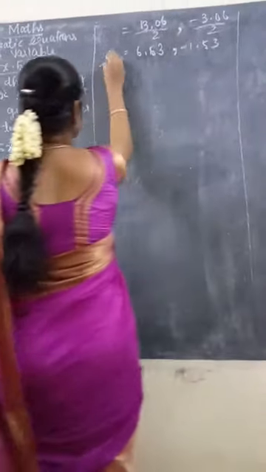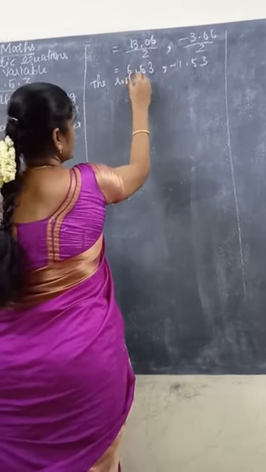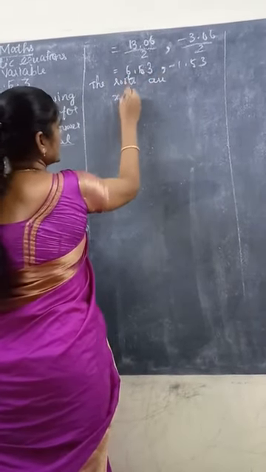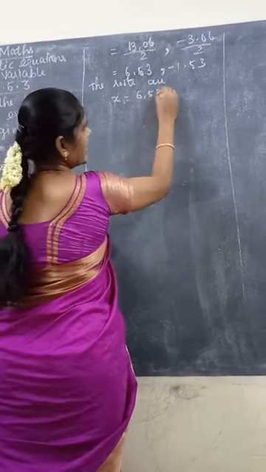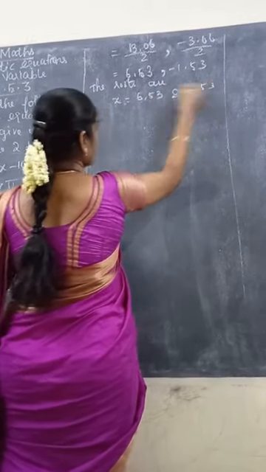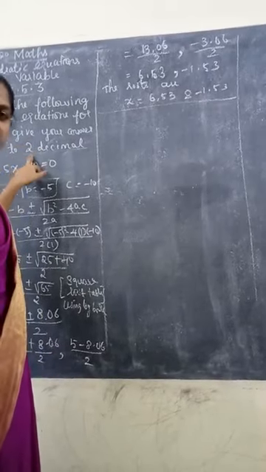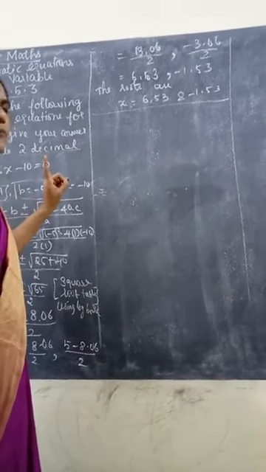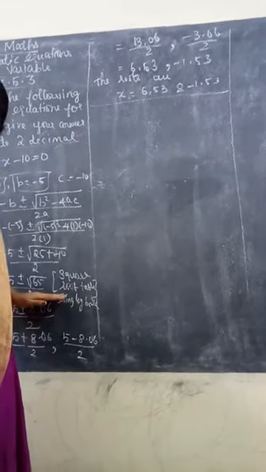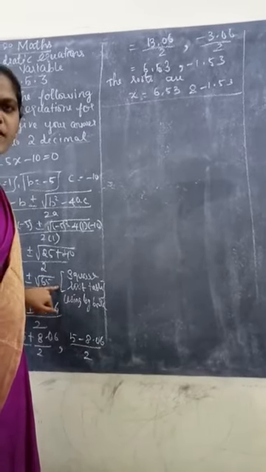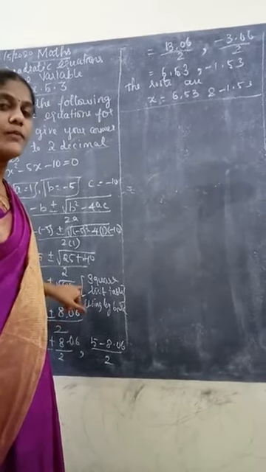So what are all the roots? The roots are x equal to 6.53 and minus 1.53. Now listen, finding 2 decimal places and 3 decimal places is very important. Up to this, the steps are as usual, but at the last, instead of the square root you need to apply the square root value by using the log book.